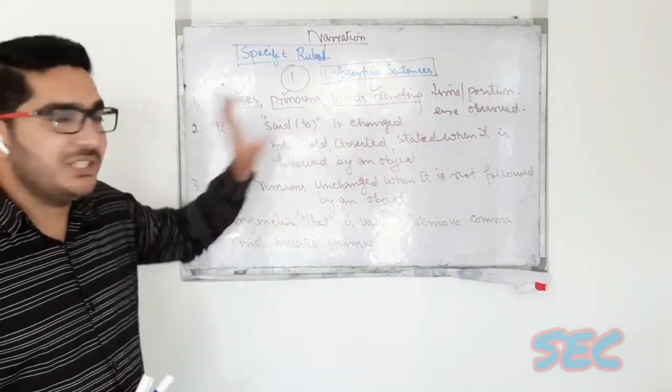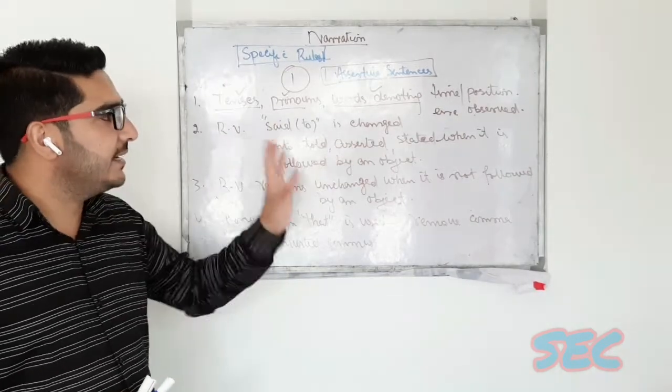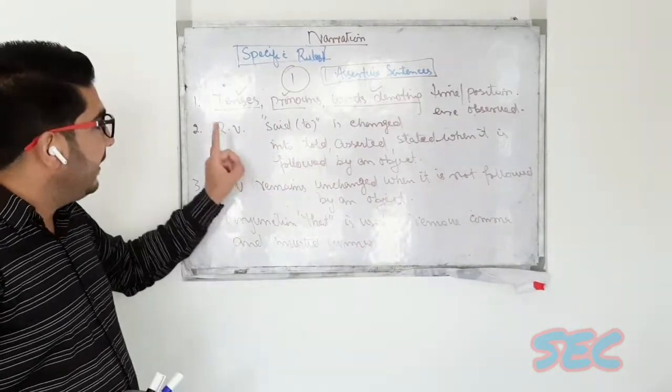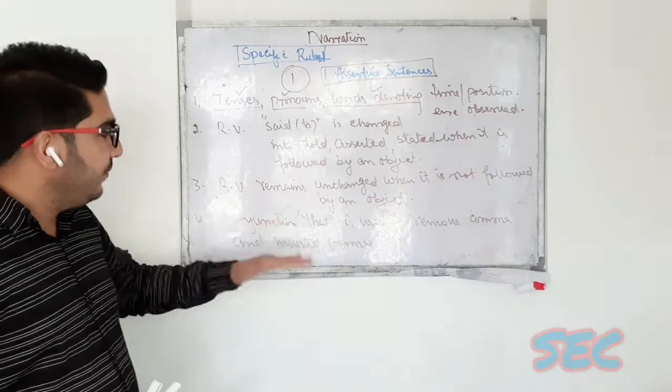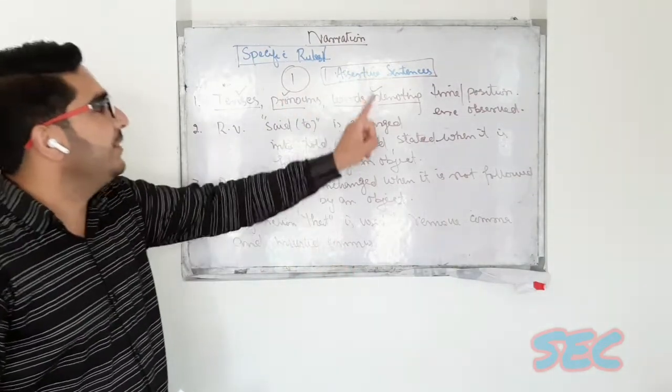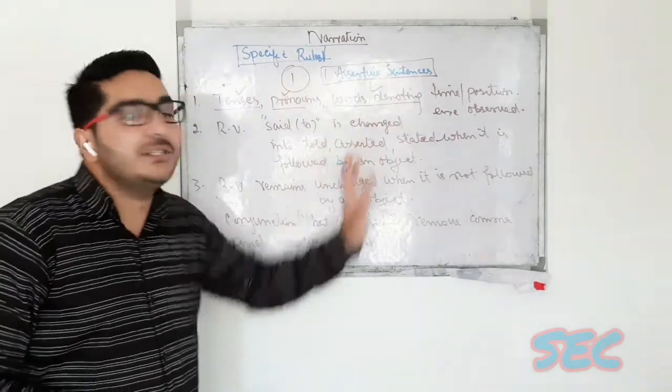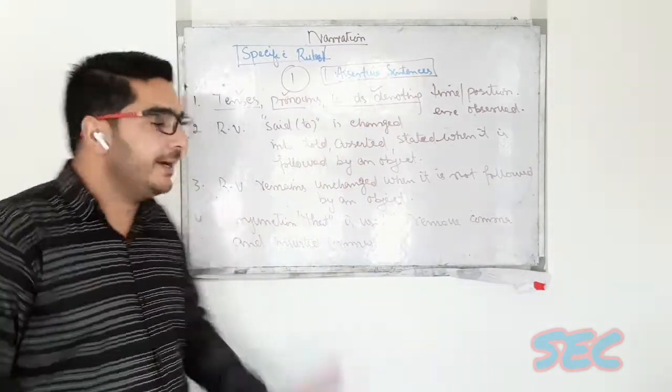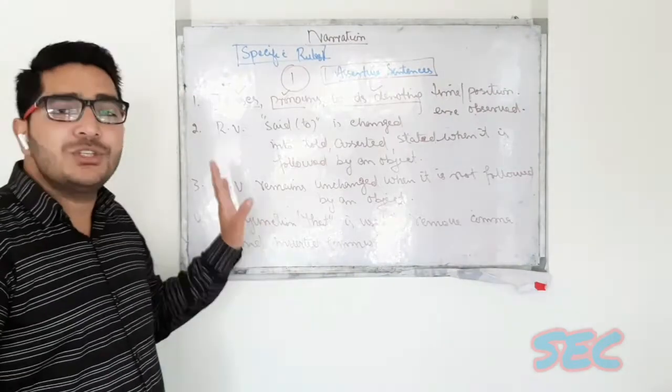Some of them are general rules. The first rule is a general rule, and then we have some specific rules which only happen in assertive sentences, which are only used when we change assertive sentences from direct to indirect. That is why we call them specific rules.